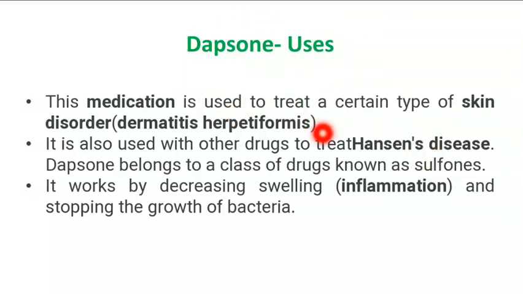Dapsone belongs to the class of drugs known as sulfones. It works by decreasing the swelling, meaning inflammation, and stopping the growth of bacteria, which means it also acts as an antibacterial. So these are the uses of dapsone.